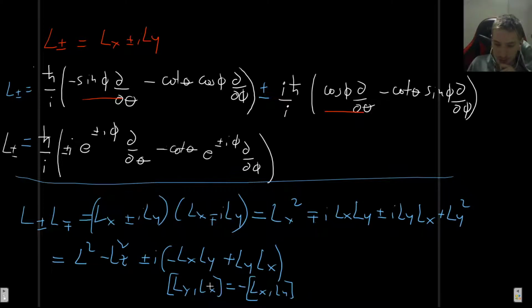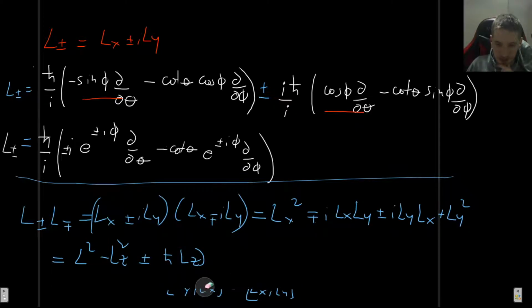And we know what this is. This is simply i h bar Lz. So, considering the minus sign, we're going to get minus i h bar Lz. And we're going to have i squared, which is another minus sign, which will cancel out this minus sign right here. So this will simply be h bar Lz.